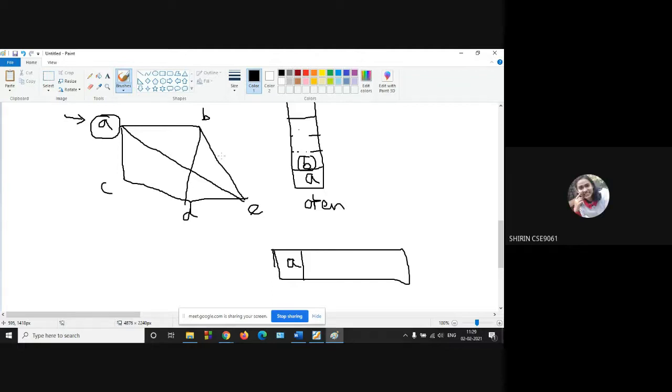C, E and D. So let this be E, or you can take D also. Let this be E. So E is connected. So write down B first. Okay. Next, E is inserted.